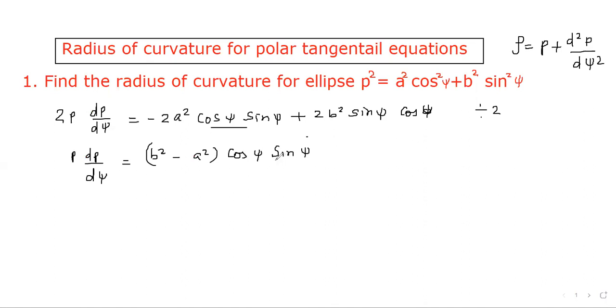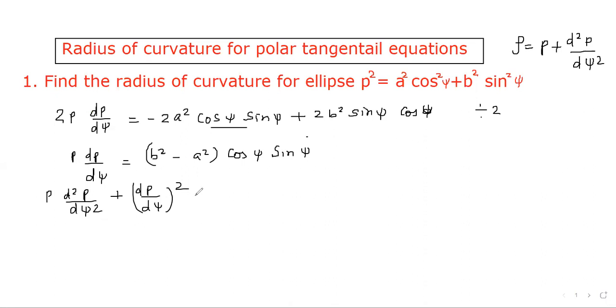Again, we can differentiate it with respect to ψ. Here we can apply the product rule. So p times d²p/dψ² plus (dp/dψ)².